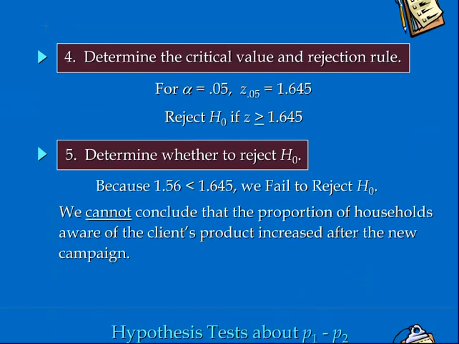Now, determine the critical value and rejection rule. So we have an alpha of 0.05. Just as a remark, what we're dealing with is a one-tailed test, if you recall from earlier on.